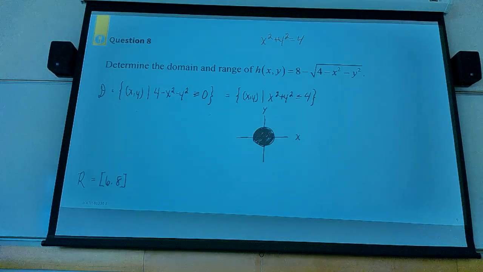Range is 6 to 8. Closed. Range is always a bit more of a pain.